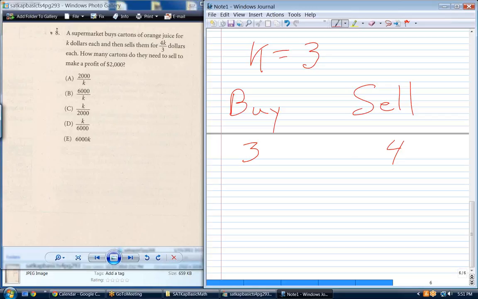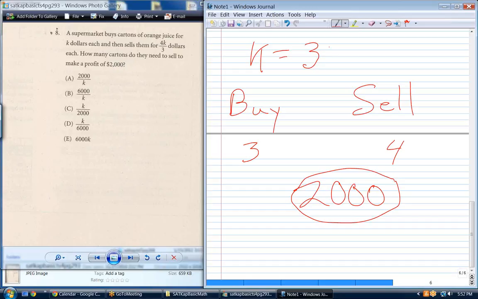To make a profit of $2,000, you have to sell 2,000 of them. So I know that whatever answer gives me 2,000 when I substitute K equal 3 is my answer. In other words, I made up a scenario where orange juice, you buy it for 3, you sell it for 4. If that were the case, we would have to sell 2,000 cartons to make $2,000.